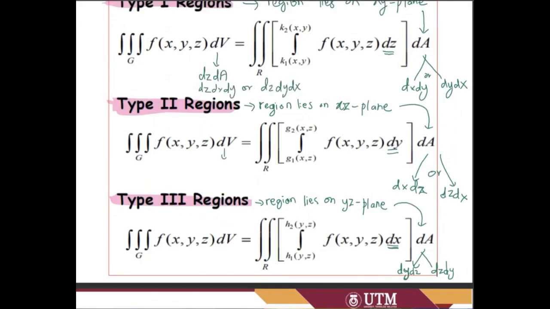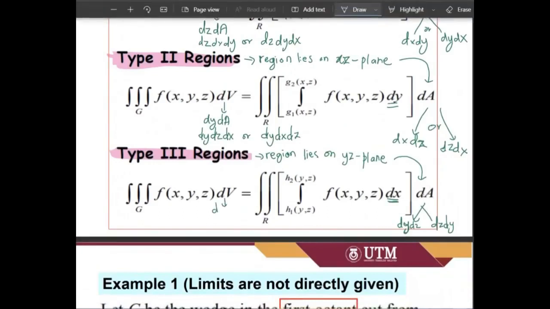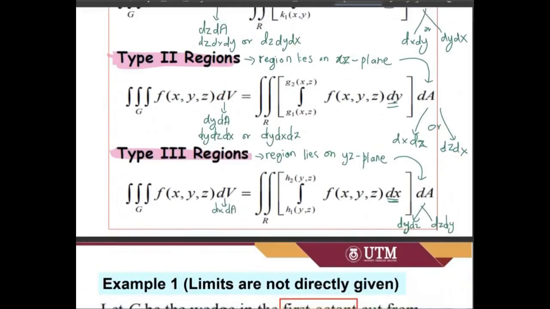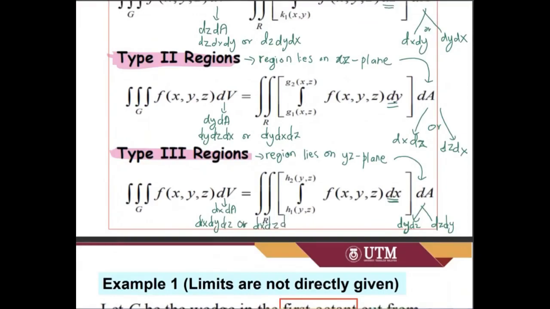For type 2, dV becomes dy dA, so you can choose dy dz dx or dy dx dz. Next, for type 3, dV becomes dx dA, so dx dy dz or dx dz dy.